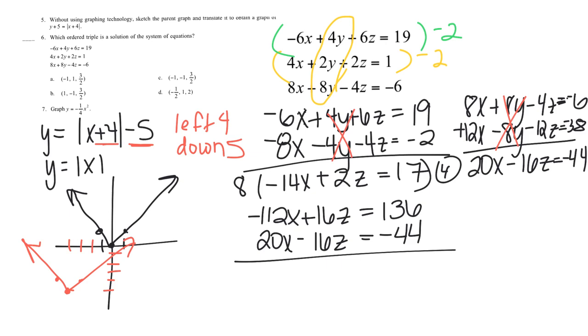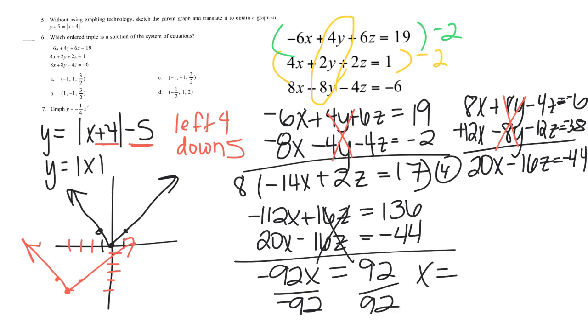So we get 136 minus 44 is 92, and negative 112x plus 20x is negative 92x. The z's cancel, equals 92 divided by negative 92, so x equals negative 1.